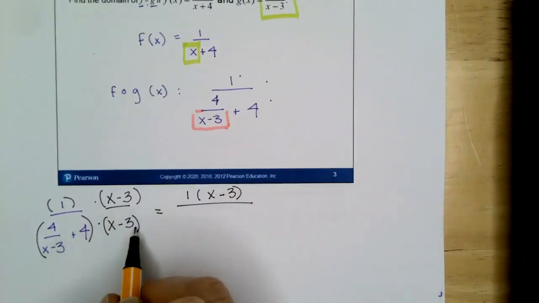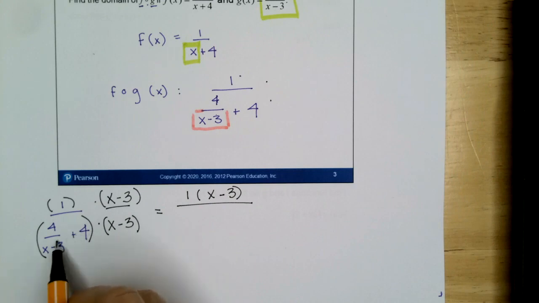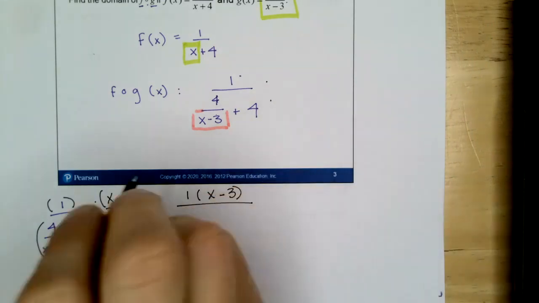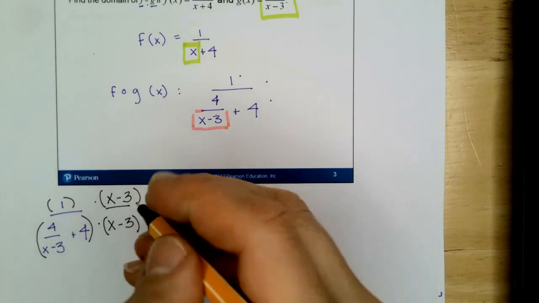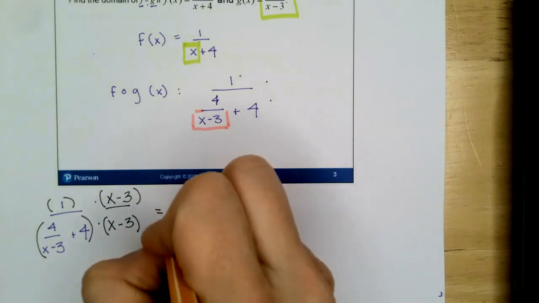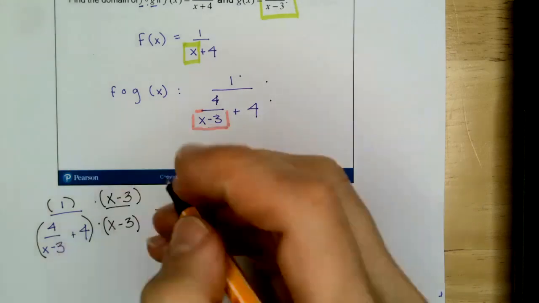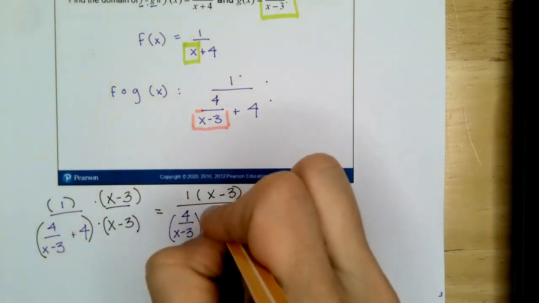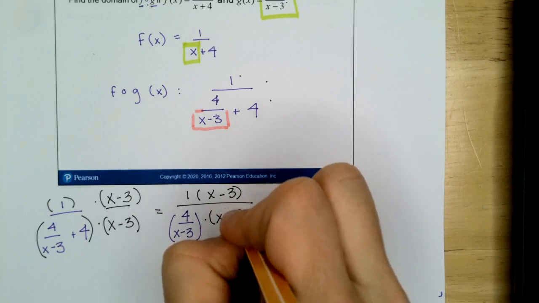Here, you need to take that x minus 3 and multiply it by each term in this binomial. So that's going to be the original 4 divided by x minus 3 times x minus 3, which is handy, right?